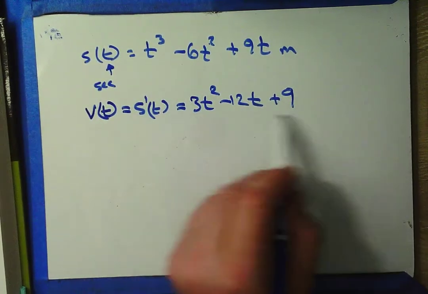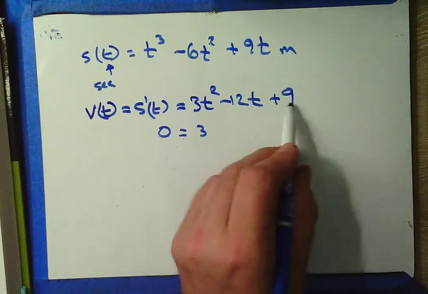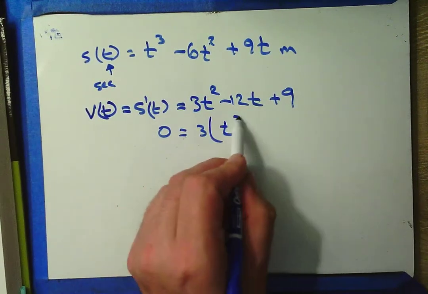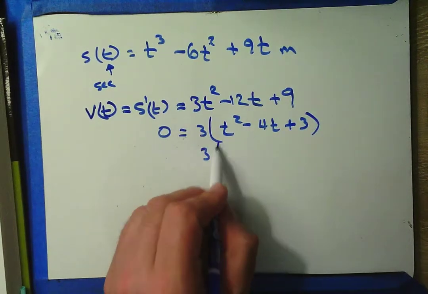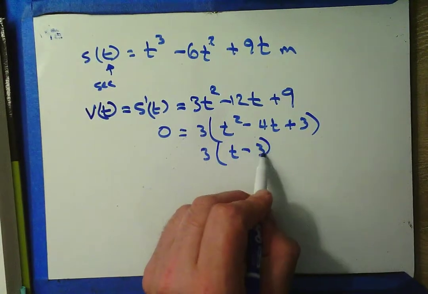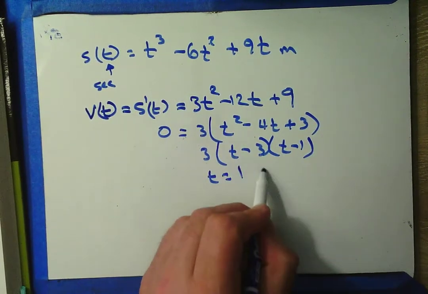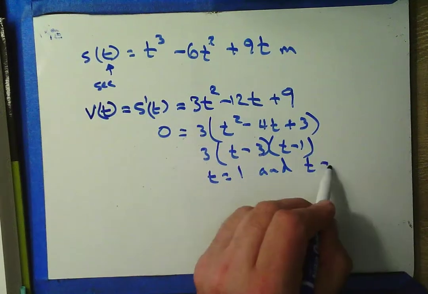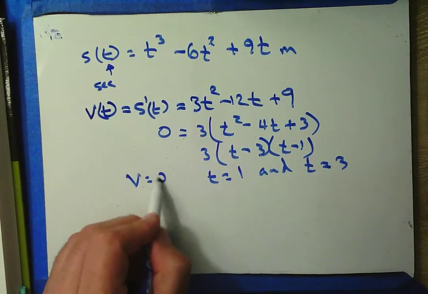That means I have to find when this equals 0. So 0 equals 3. Hey, I could pull a 3 out of each of those. t squared minus 4t plus 3. And this factors as t minus 3, t minus 1. And so we're looking at t equals 1 and t equals 3. These are times when velocity equals 0.